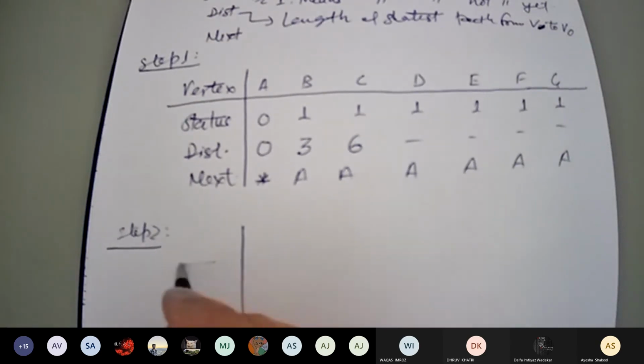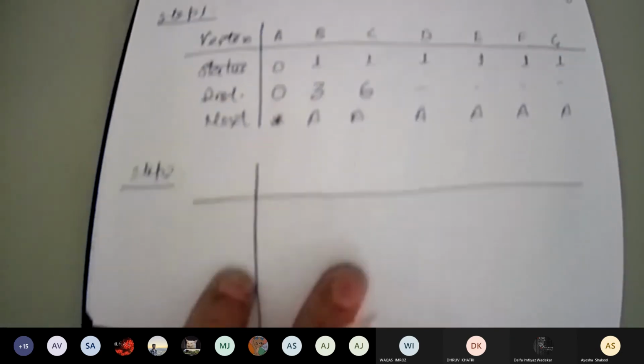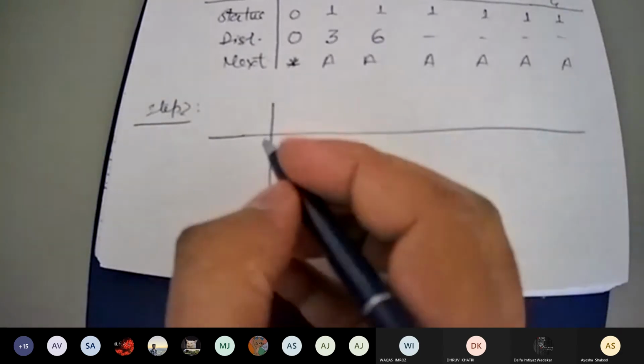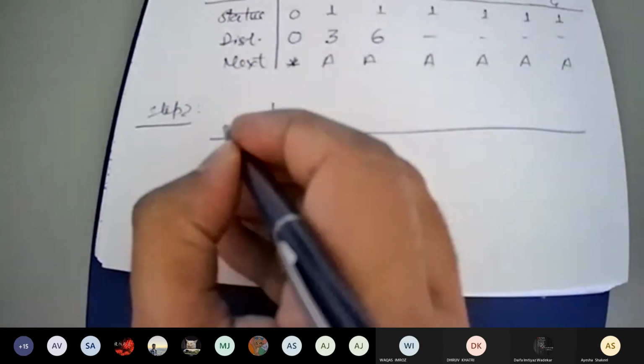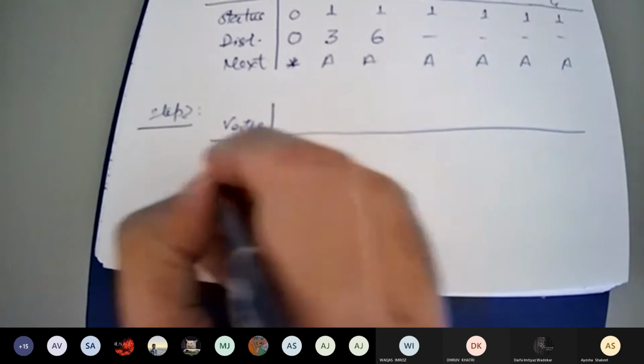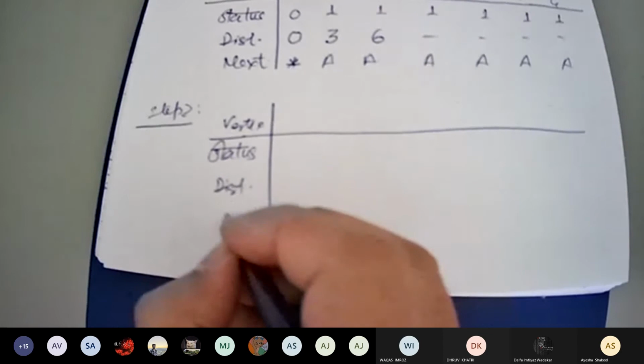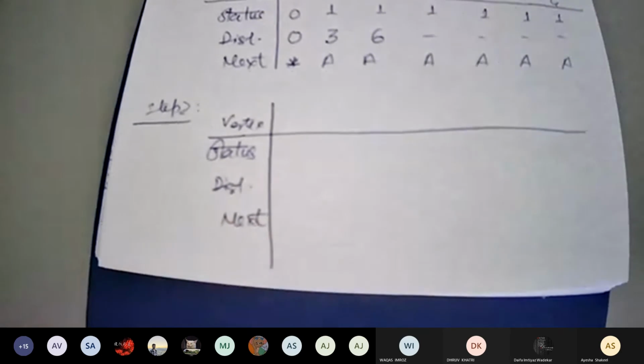Let's make this: status, distance, and next.